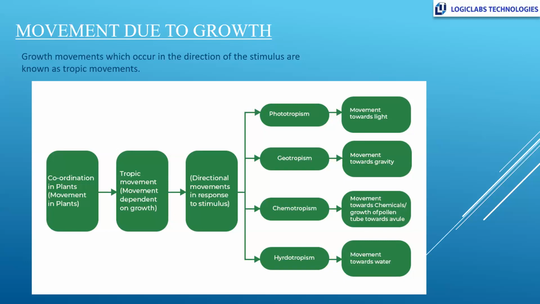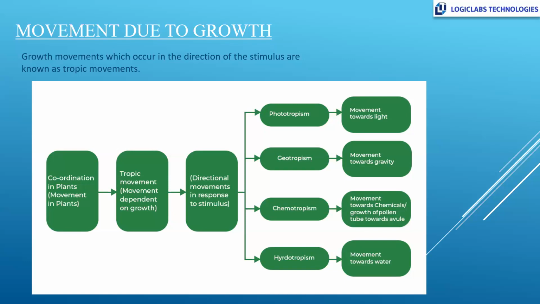So this is the response to the pull of the earth, or gravity, whether it is growing towards gravity or away from it. This is what we call geotropism. Generally the root grows towards the ground, whereas the shoot grows upwards. This is what happens in the geotropism mechanism.